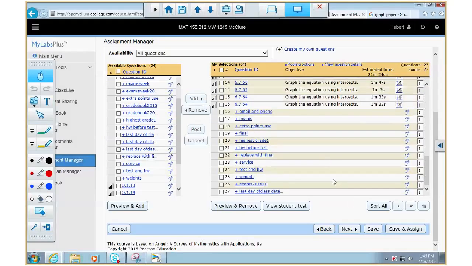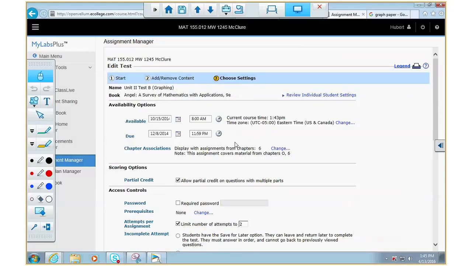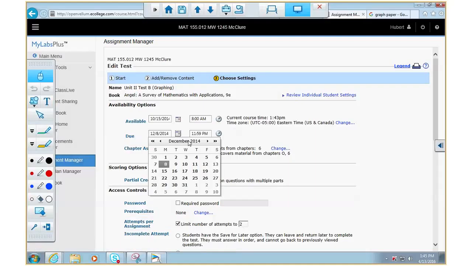All right, I think that's it. Save next. And I'm going to make this one due, let's see, what's today? Today is the 13th. April the 13th. That's not right. Oh, yeah.